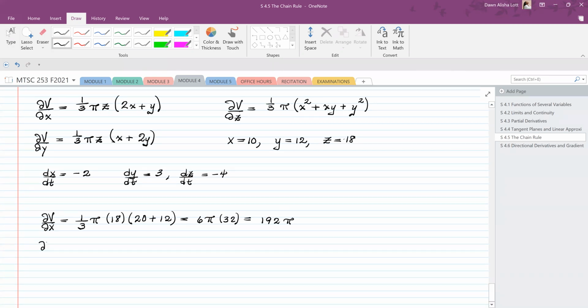Partial of V with respect to y is 1/3 pi z, which is 18 again, times x, which is 10, plus 2 times y, which is 24. So that's 6 pi times 34. So we just add on another 12. 204, yeah.